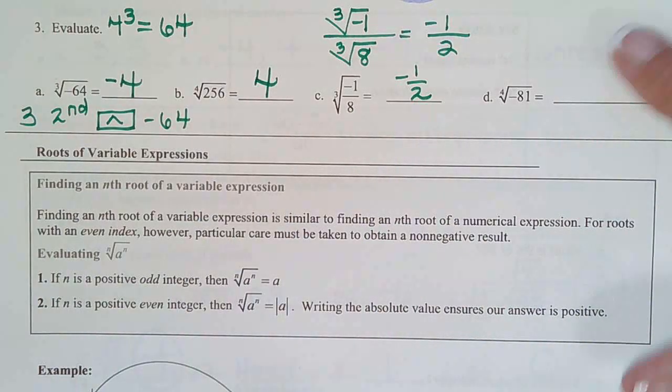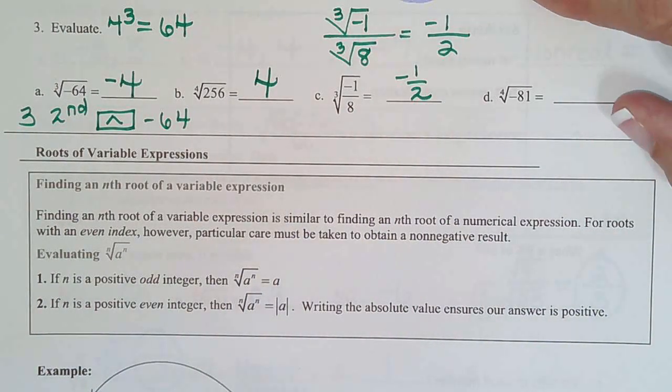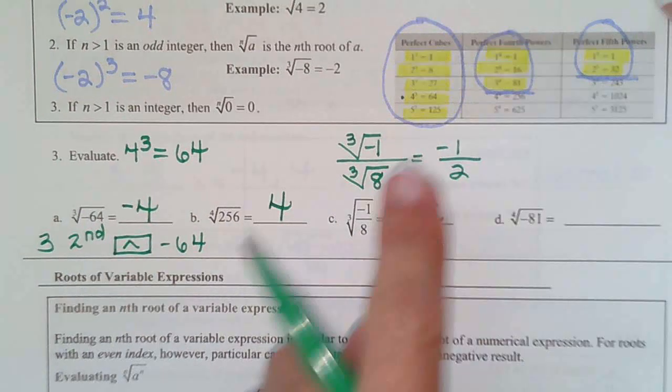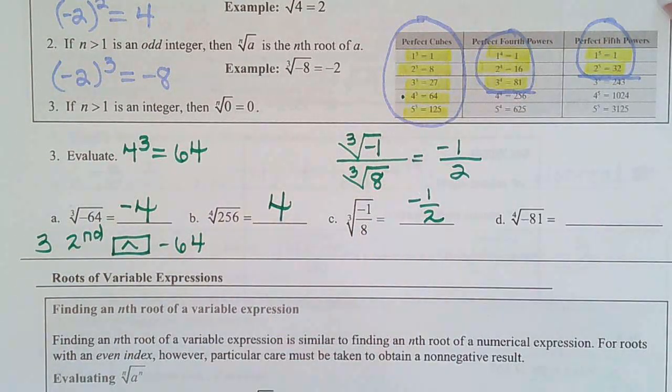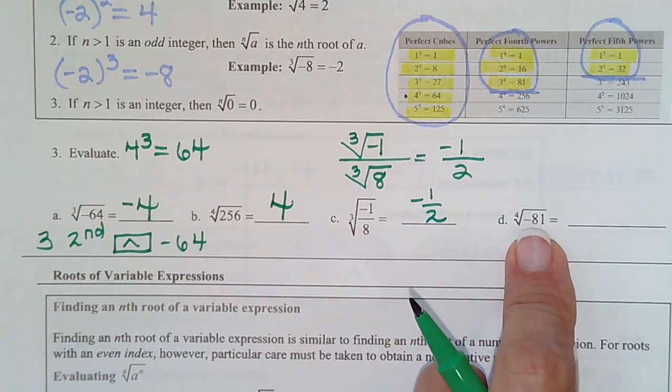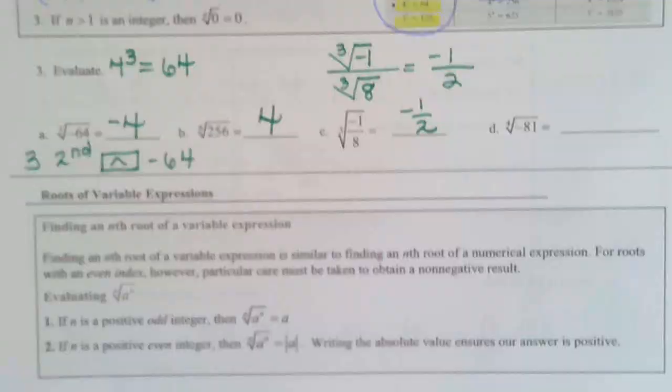And the fourth root of negative 81, that's one of the fourth roots I told you that you should know. So if you look above, 3 to the 4th is 81. So what am I going to write for that? Can I write negative 3?